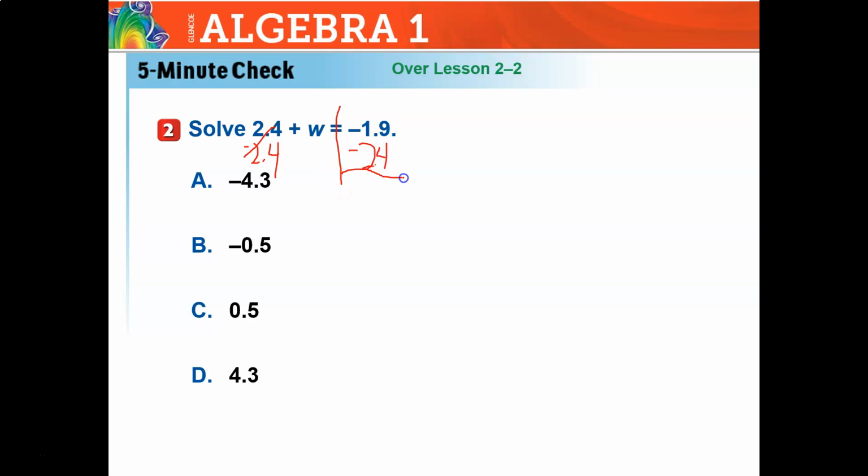When you subtract 2.4 from negative 1.9, you're actually adding them together. So 9 plus 4, we know our answer is going to be negative. 9 plus 4 is 13. Carry my 1. 1 plus 1 is 2. Plus 2 is 4. So we have negative 2.3.